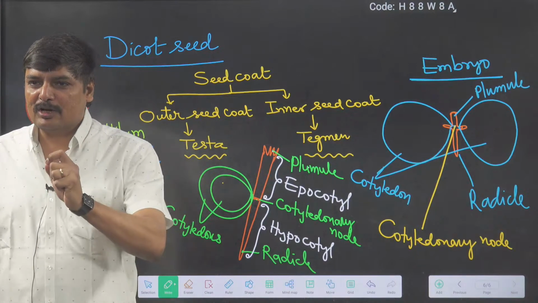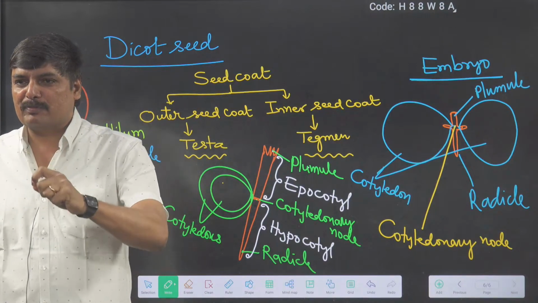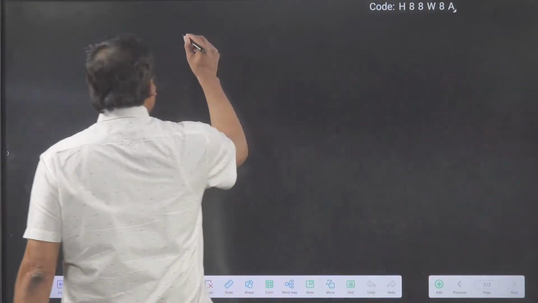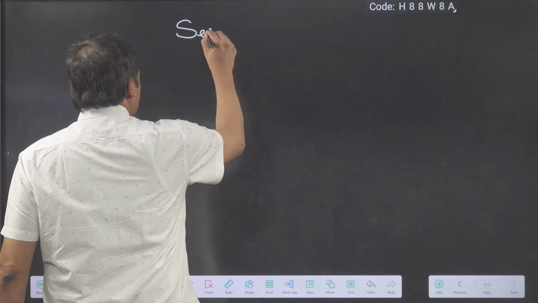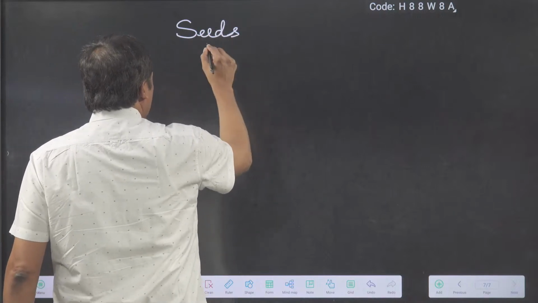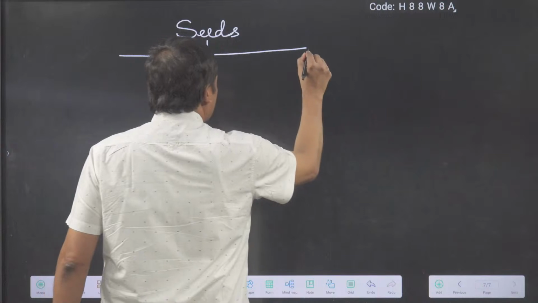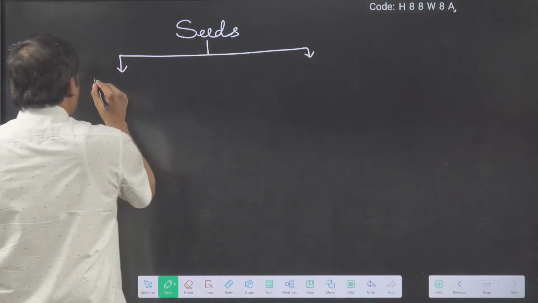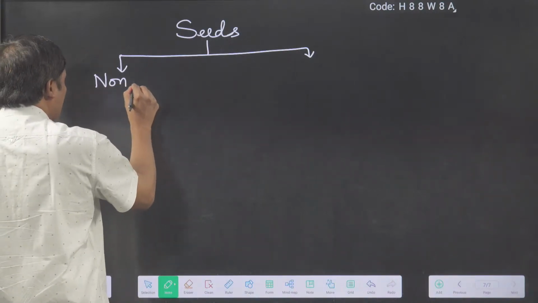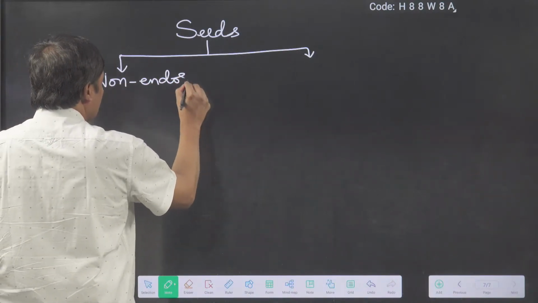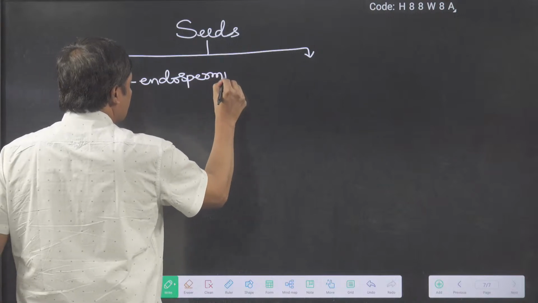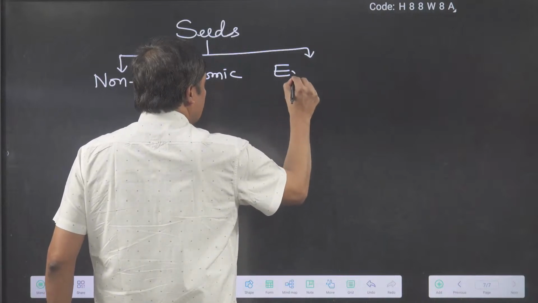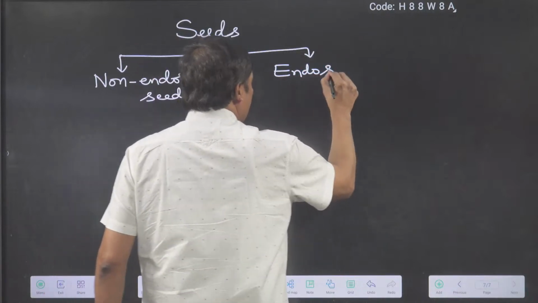Therefore, based on the presence or absence of endosperm in the seed, the seeds are divided into two types, namely non-endospermic seeds and endospermic seeds.